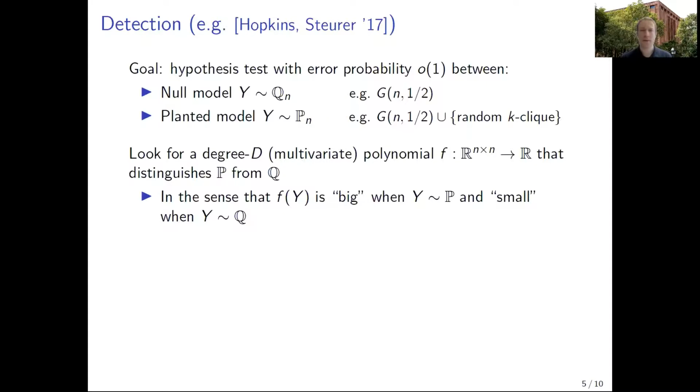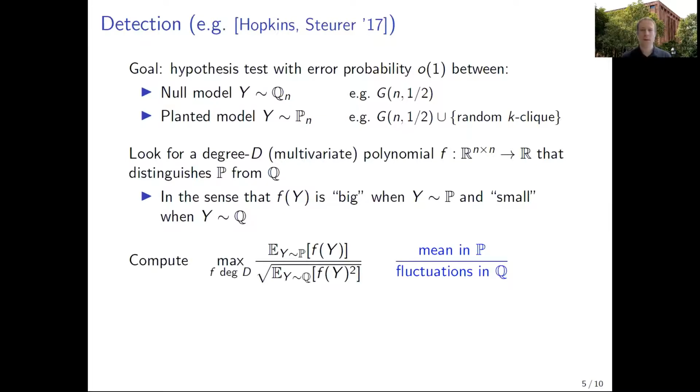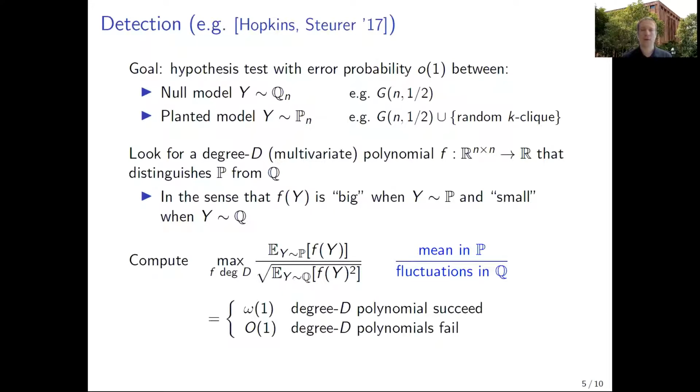To succeed, this number should be big if the graph came from the planted model and small if it came from the null. More formally, we'd like to understand this quantity, the maximum over all degree D polynomials of the mean value in P divided by the fluctuations in Q. If this value tends to infinity as the dimension goes to infinity, we say that degree D polynomials succeed, and if it remains bounded, we say that degree D polynomials fail.